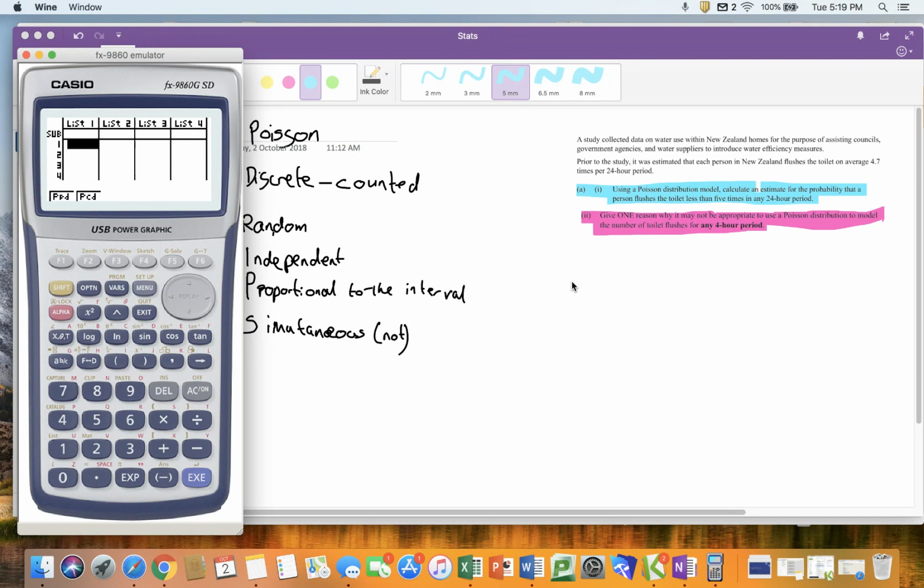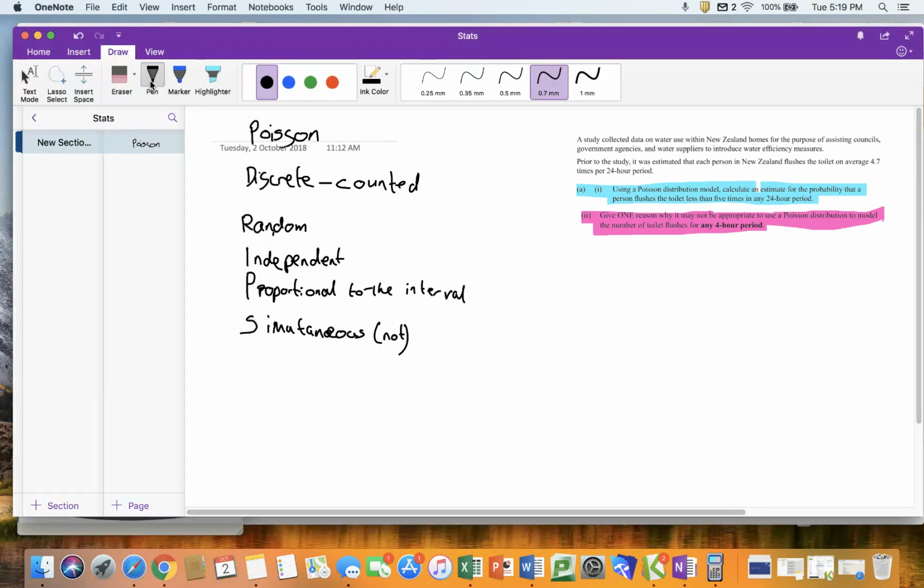And then I've got PPD and PCD. If you've watched the video on the binomial that I did before, you will already have heard me talk about BPD and BCD. But now we're doing P because P is for Poisson. So PPD is Poisson point distribution.